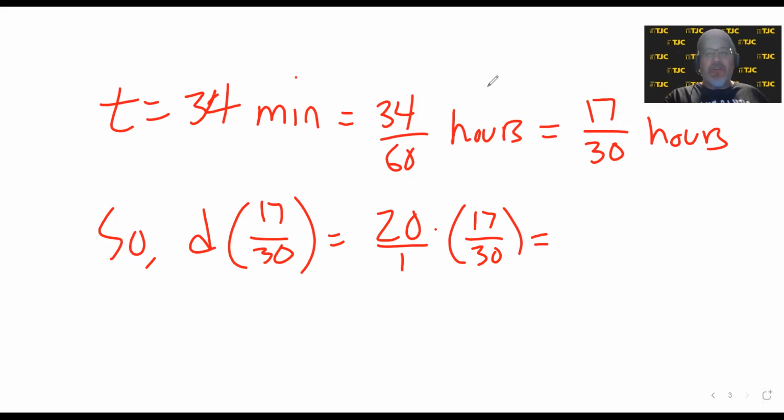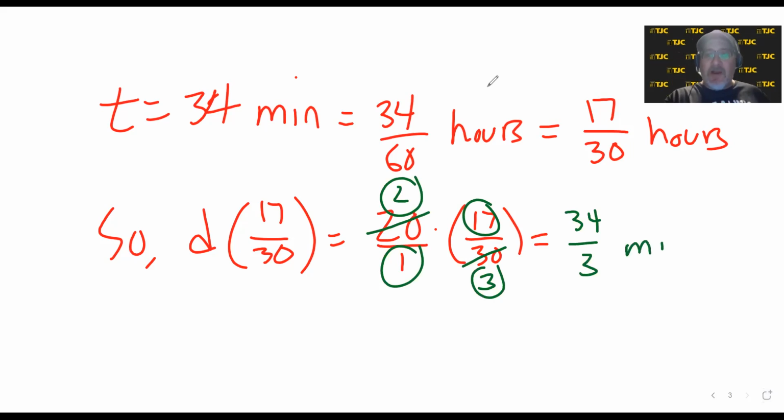In this case, the 20 and the 30 can both be reduced by 10. 20 divided by 10 is 2. 30 divided by 10 is 3. And now we can just multiply straight across. 2 times 17 is 34. And on the bottom, 1 times 3 is 3. And that measures miles. So let's see if that's the answer they wanted. If I can get back to it.